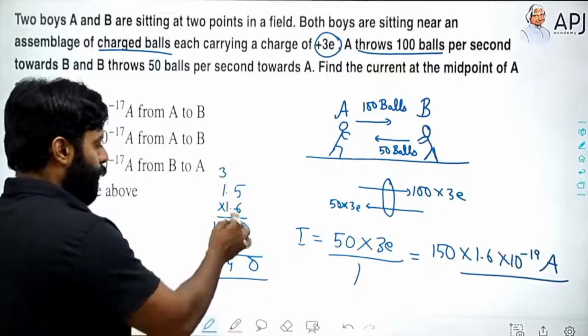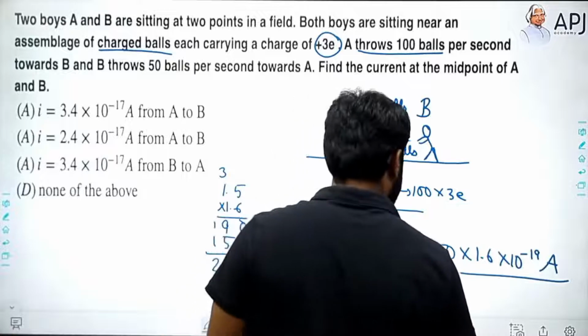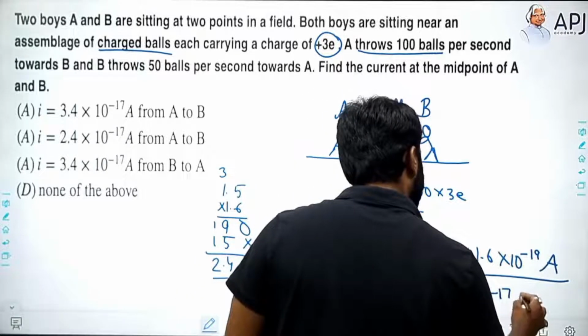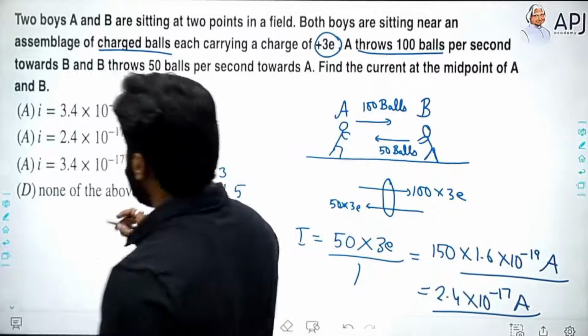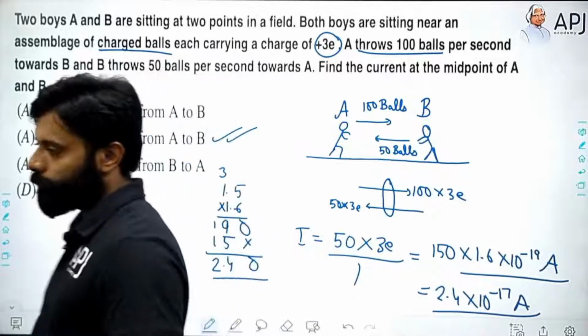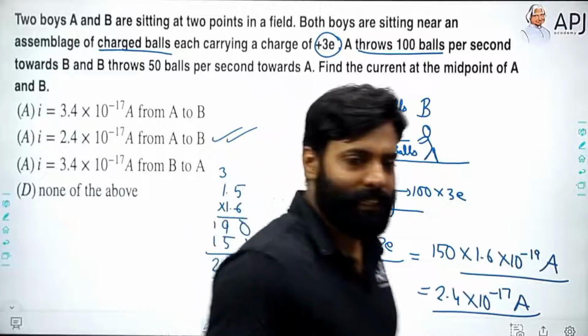So I'm getting 2.4 into 10 to the power of minus 17. So this is what we are getting from A to B. Right? I hope that this thing is clear to you.